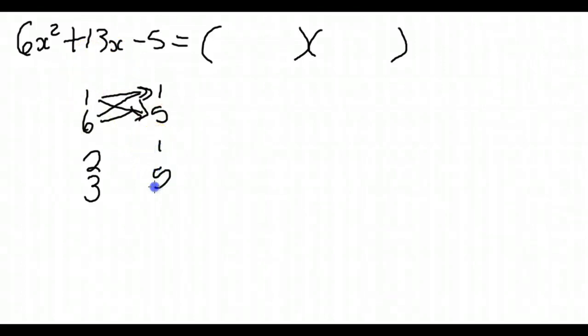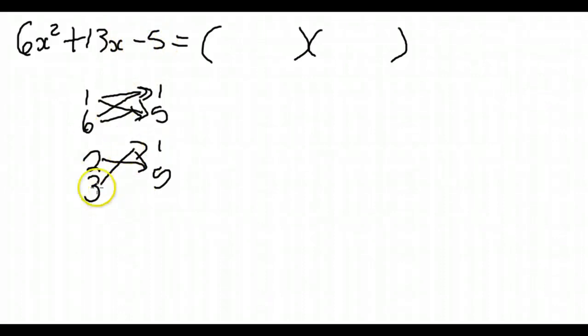So let's examine 2 and 3 and 1 and 5. 3 times 1 is 3, and 2 times 5 is 10. Now 3 and 10 can give me a 13, but they have to add to 13, which means they're both the same sign, and in this case we know they're not both the same sign, right? We have one positive, one negative, so that's not a way to get to 13.